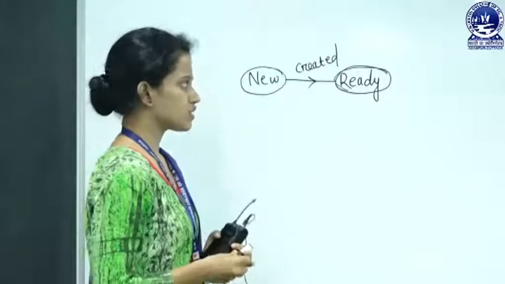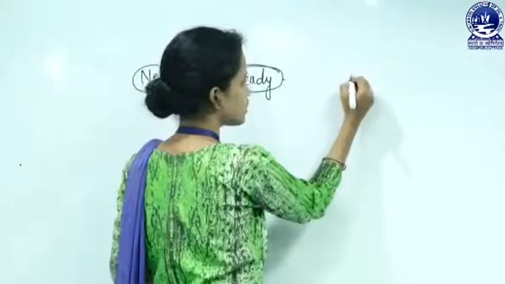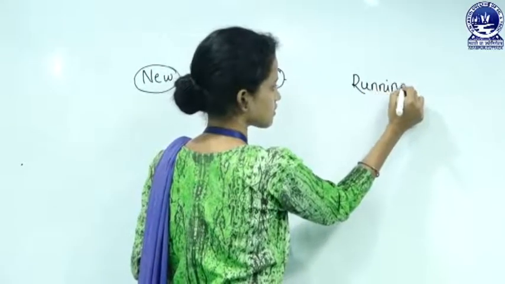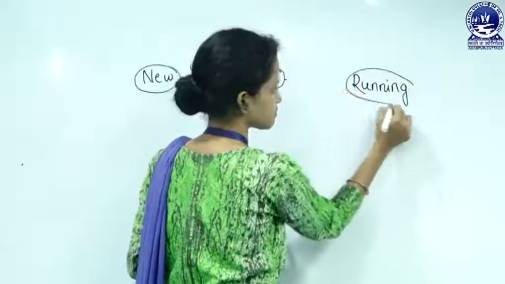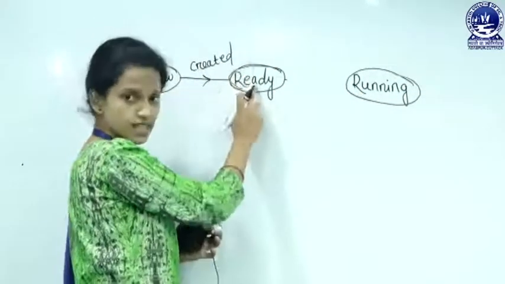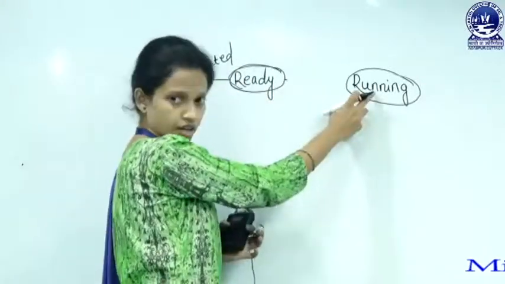After that, where will it go? After the ready state it will go to the running state. After creation the process goes to the ready state, and when it is ready to run, it goes to the running state.